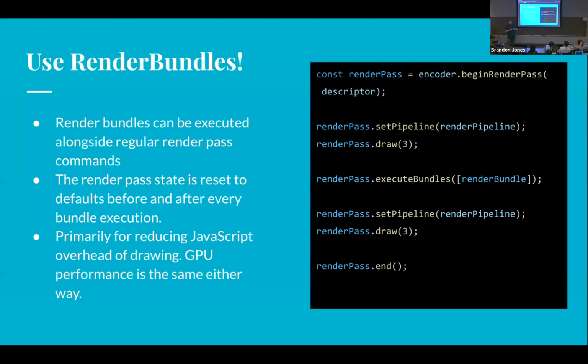Am I bottlenecked on fragment processing, on vertex processing, or am I just waiting on different assets or resources to be finished so they can be used in the next render pass or something like that? Those are a little bit harder, and you have to start using some techniques that just apply to all of the graphics APIs, native or not.